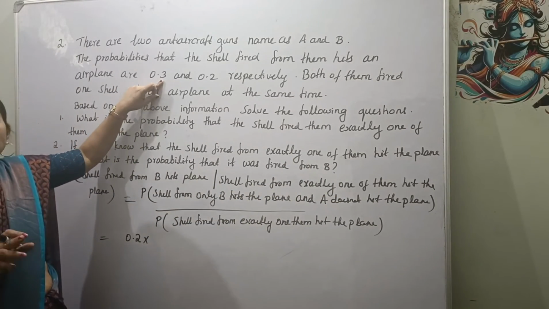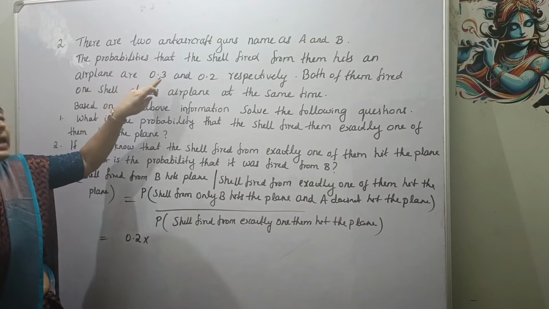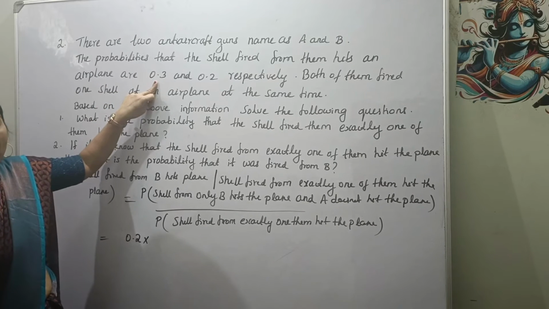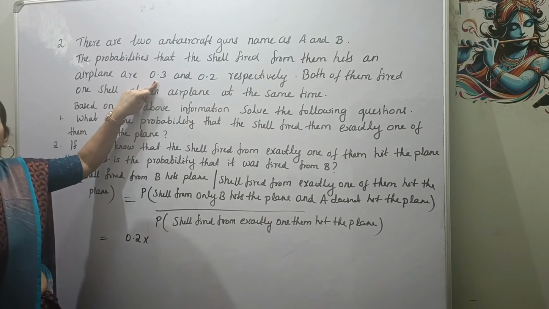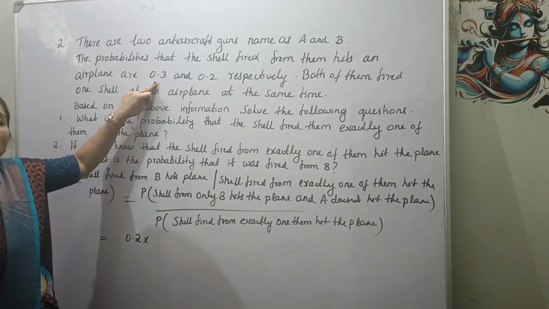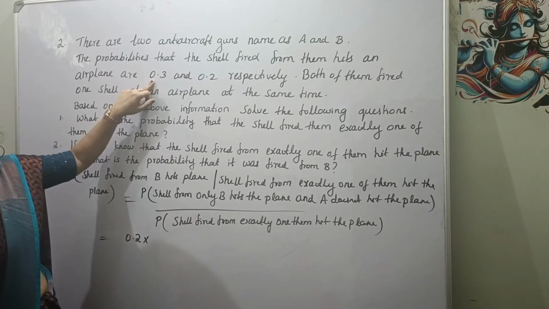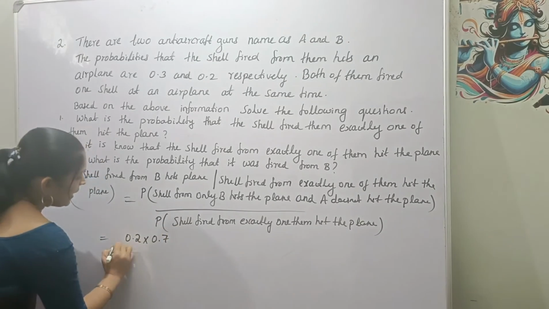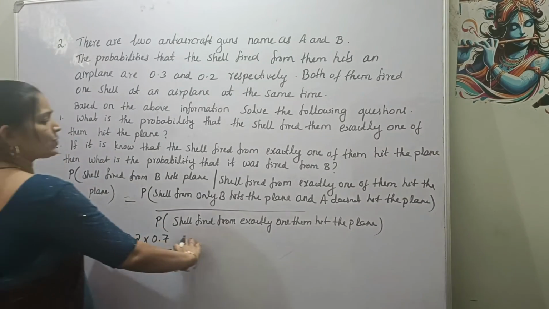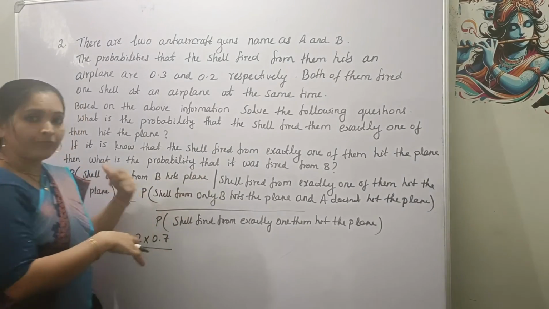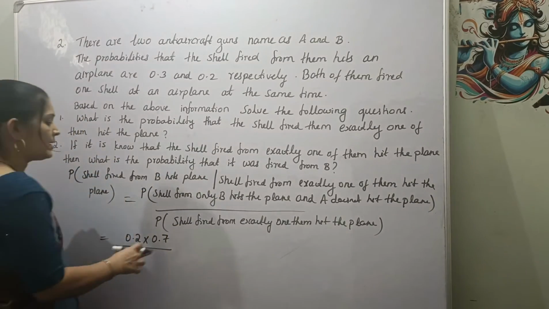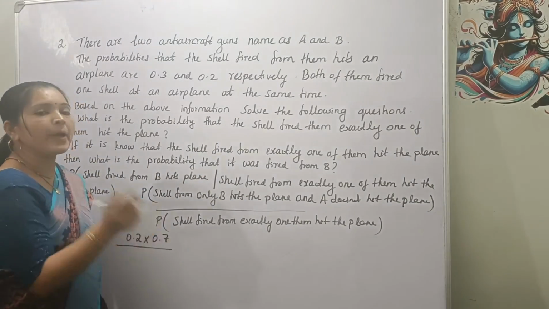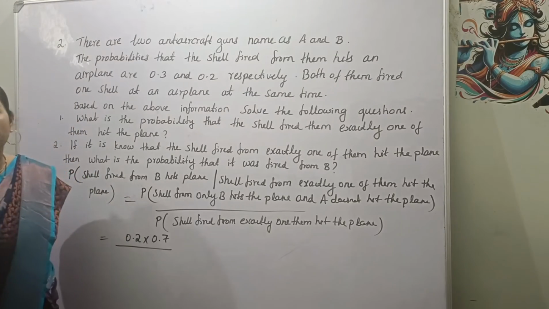Here we have the probability of shell from A hits the plane is 0.3, and A does not hit the plane means its complement, that is 1 minus probability of A, that is 1 minus 0.3, 0.7. Divided by, this one we have already found in the first question, that is probability of shell fired from exactly one of them hit the plane.